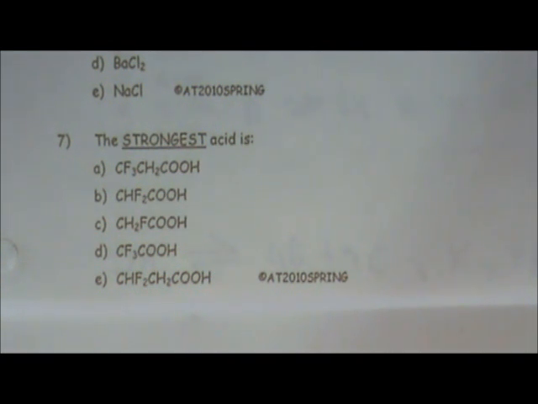How the strength of an acid or base depends on the structure, the connectivity of atoms, what elements, and where the atoms of different elements are located, far away from the basic or acidic site, or close to it. And how many electronegative atoms are close to the acidic or basic site.